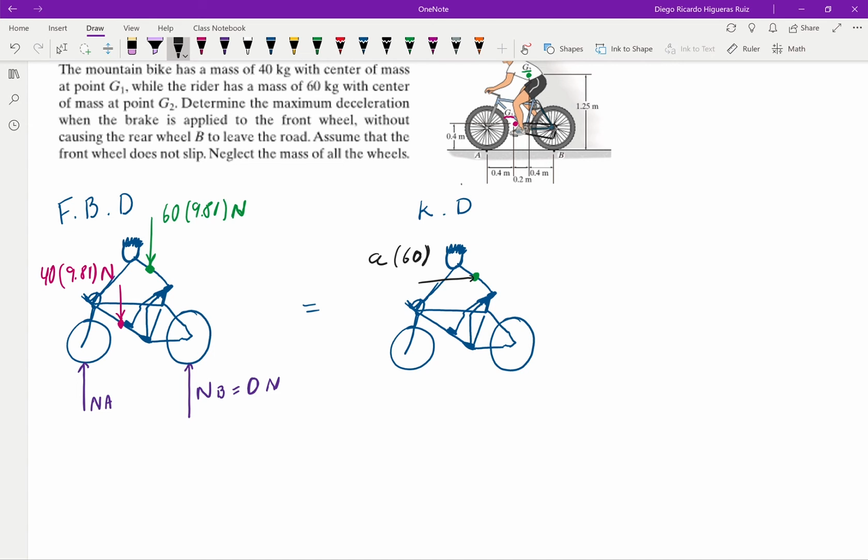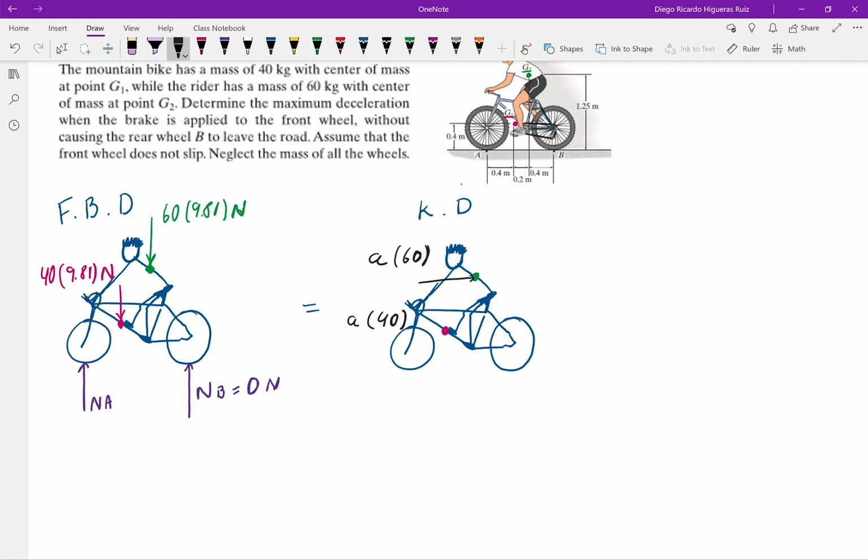That's mass times acceleration. And then we also have the acceleration of the bike, which is the same, but now we multiply by the mass of the bike, which is 40. Those are also newtons, right?